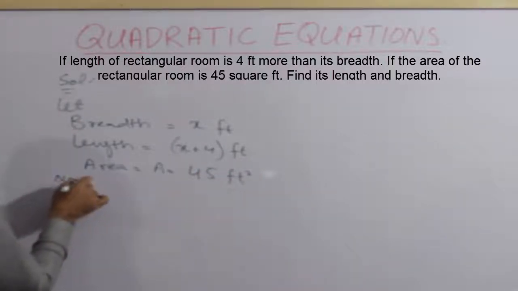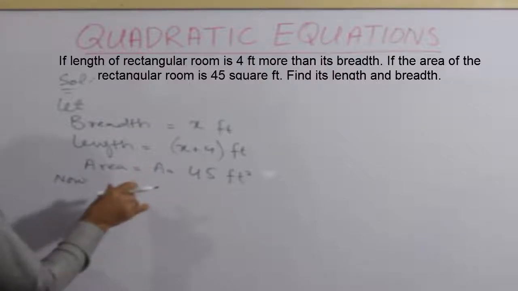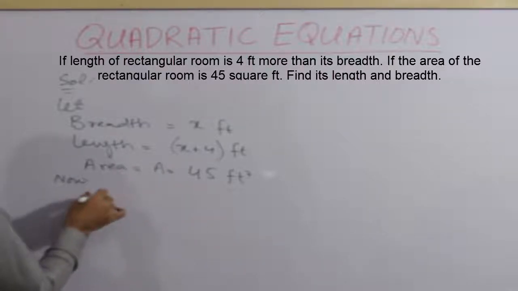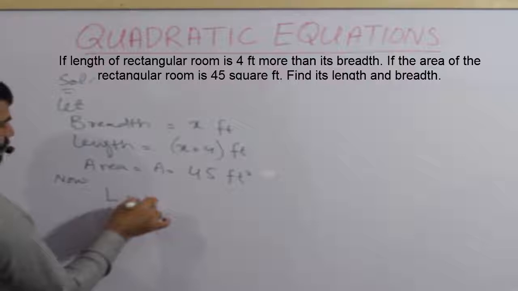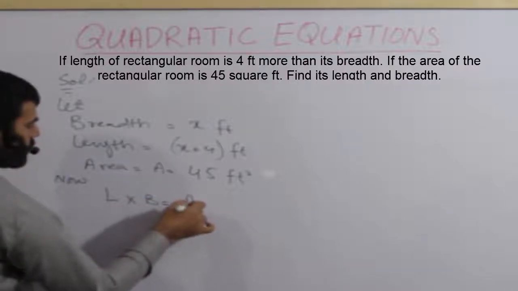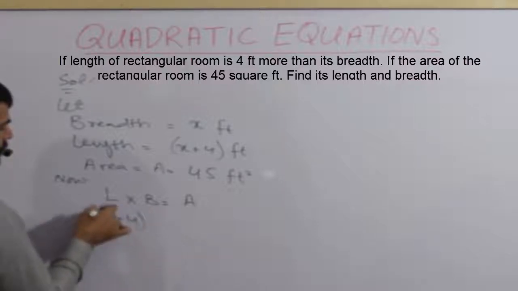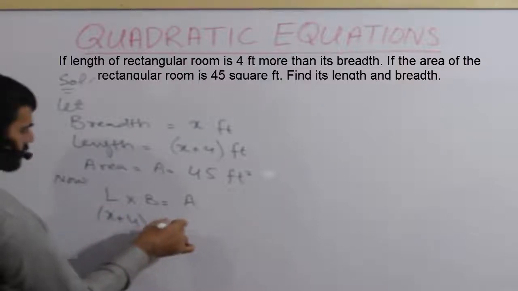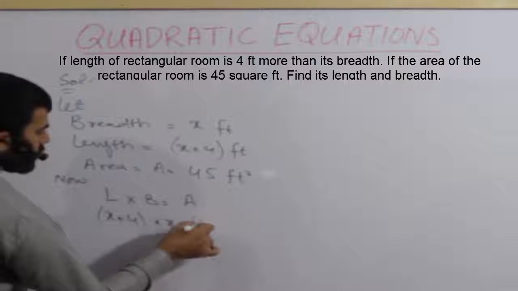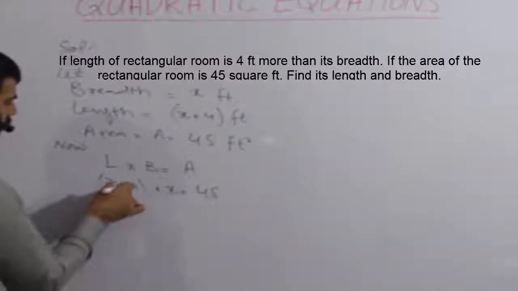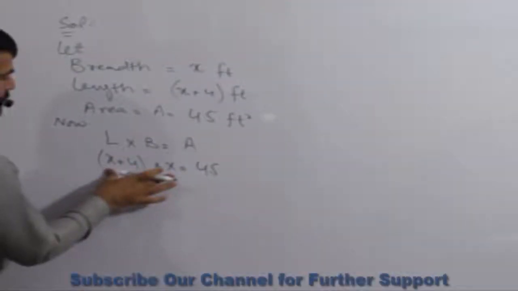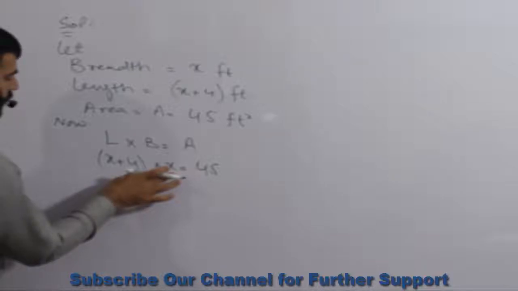Now we write the formula for area: length into breadth is equal to the area. So the length is x plus 4, the breadth is x, and the area is 45. So x is multiplied with that x and the 4 is also multiplied with that x.